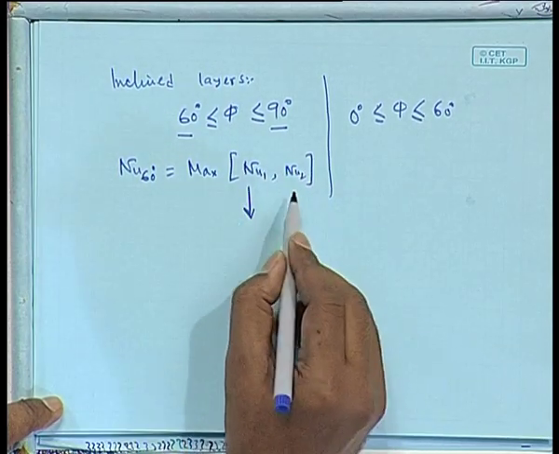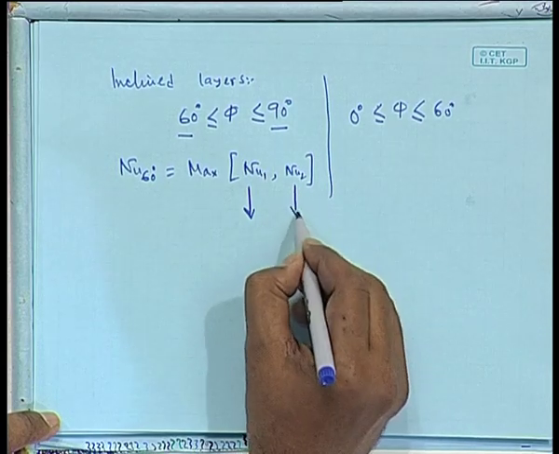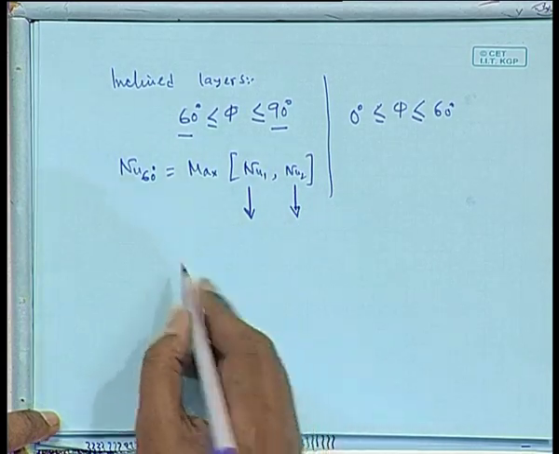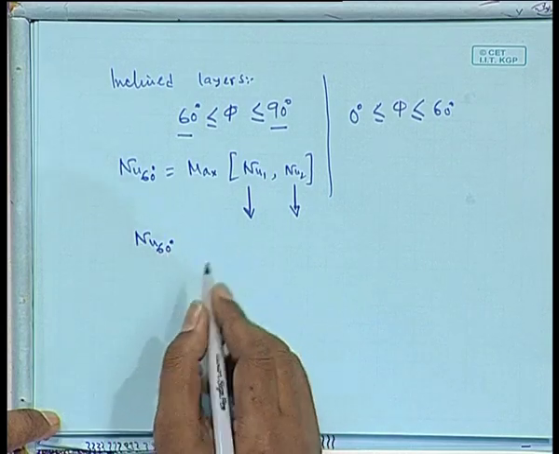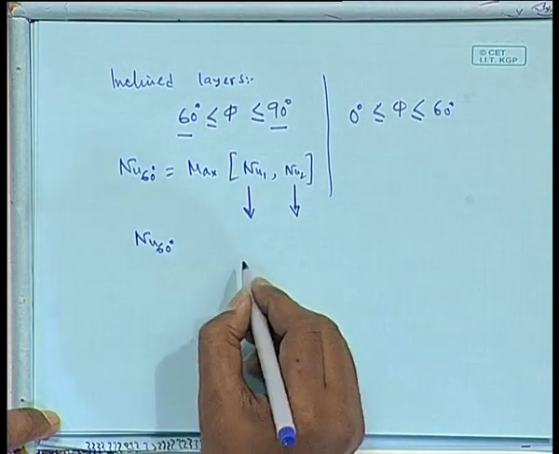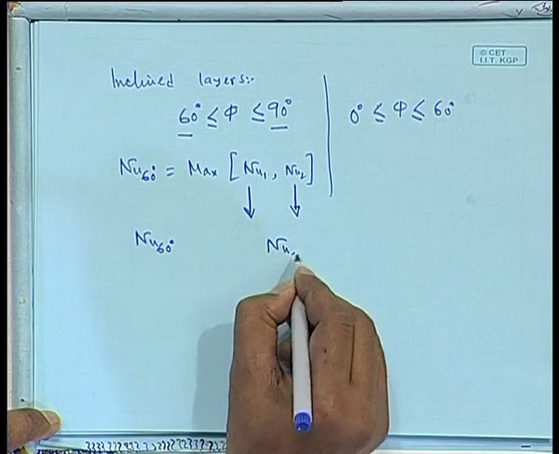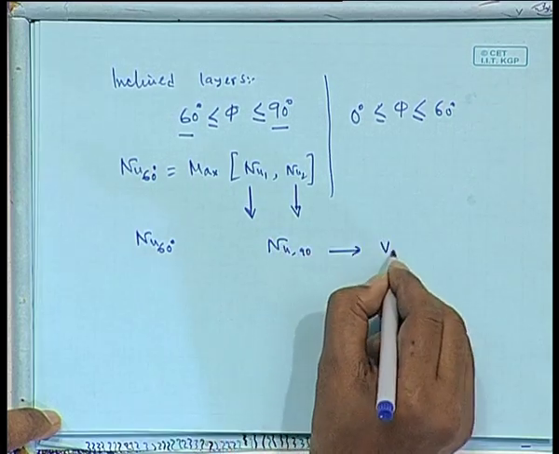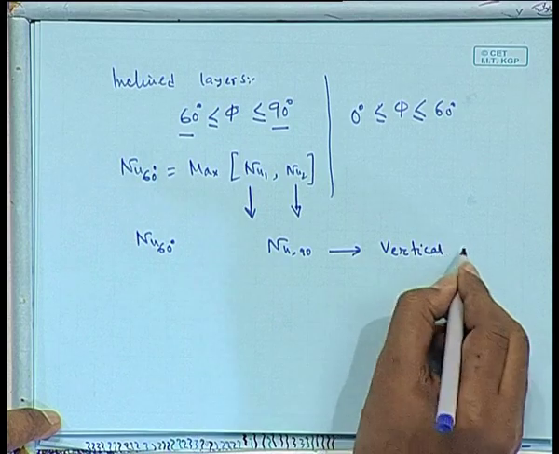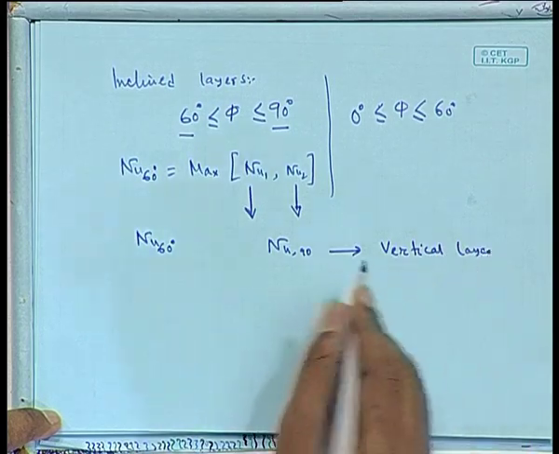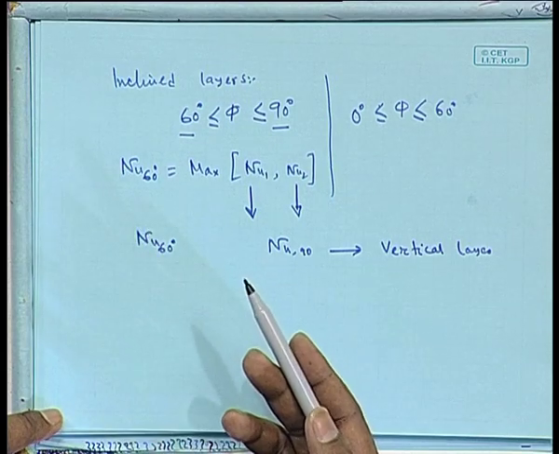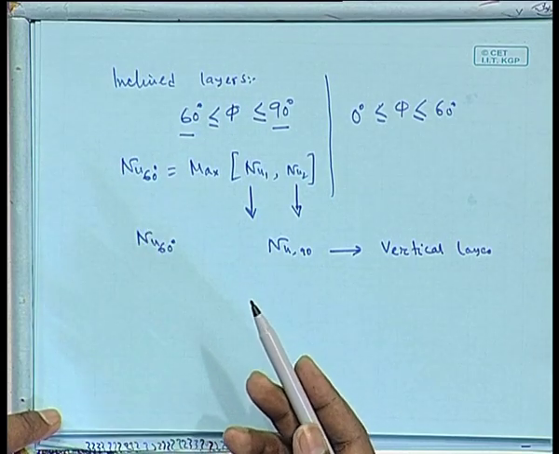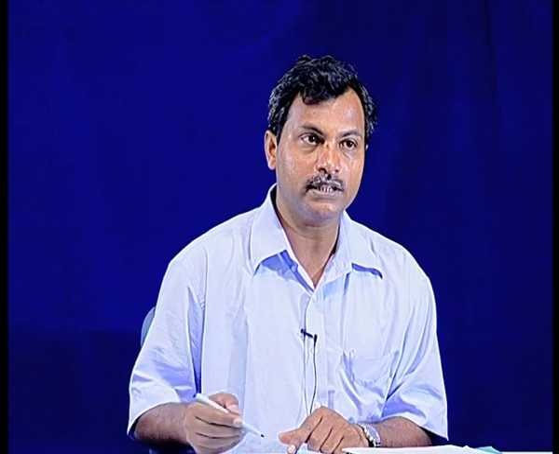For NU1 you will be having one correlation, for NU2 you will be having one more correlation, then you will be calculating NU60. And NU90 is basically the vertical layers that you know. And suppose you have something between, like inclination 70 degree, 75 degree, 80 degree, you do it by linear interpolation.